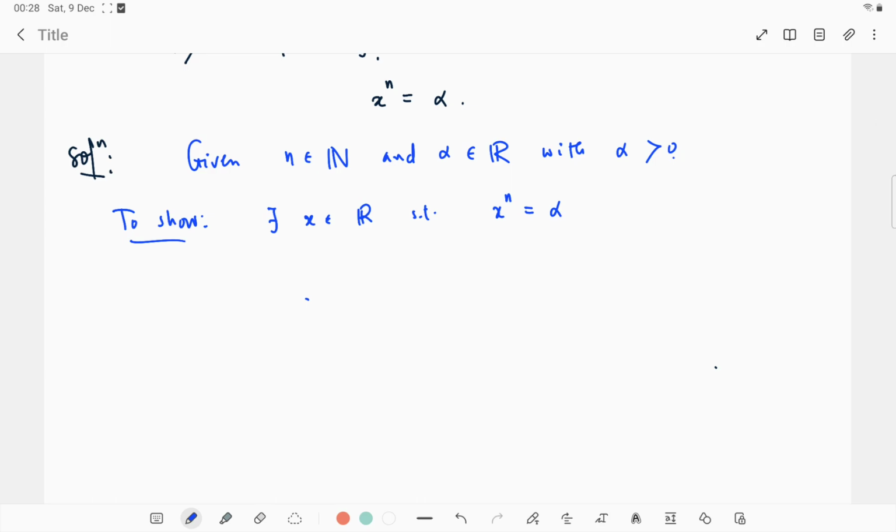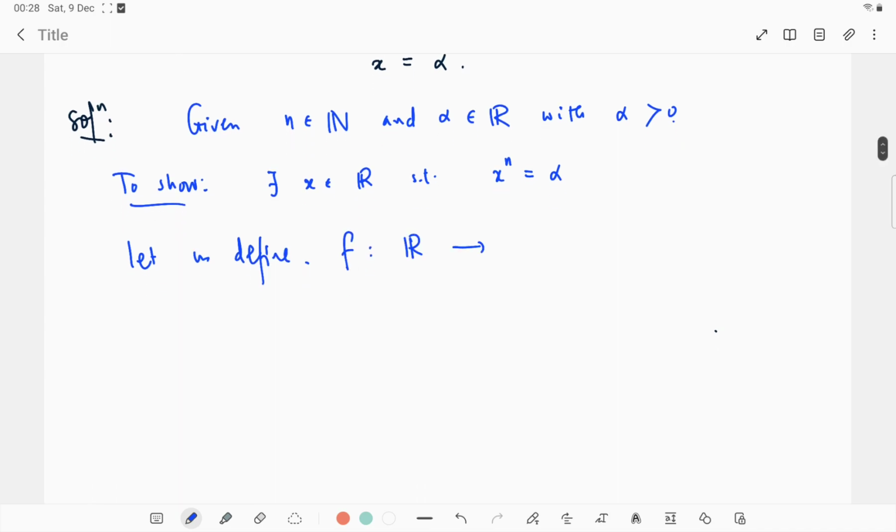So now let us define a function f from R to R by f of y equal to y to the power n minus alpha for all y inside R.